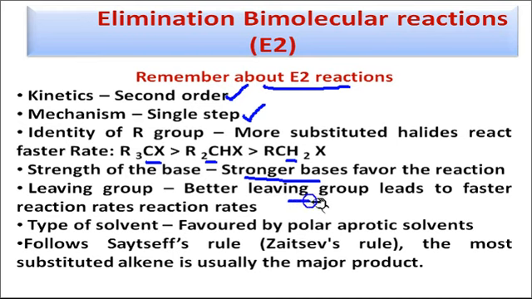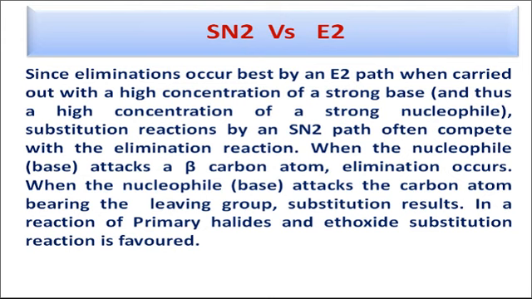The better the leaving group, the faster the E2 reaction rate. And these E2 reactions are favored by polar and aprotic solvents, and the final product is formed as per the Saytzeff rule. That is, the more substituted alkene is formed as the major product.